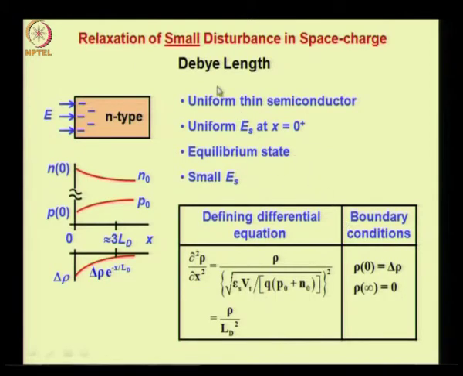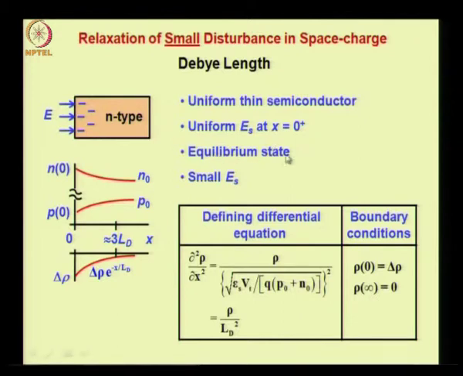So both these decays are exponential. Debye length: relaxation of small disturbance in space charge over distance. This length was introduced under the conditions of a uniform thin semiconductor, a uniform surface electric field at x equal to 0 plus. So we are talking about 0 plus here because the electric field inside the semiconductor is different from the electric field outside, because the ambient dielectric constant is different from the dielectric constant in the semiconductor.